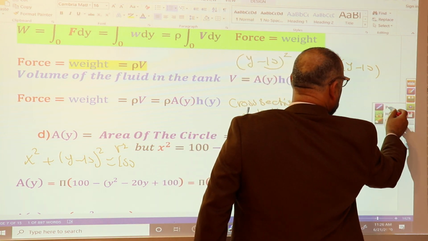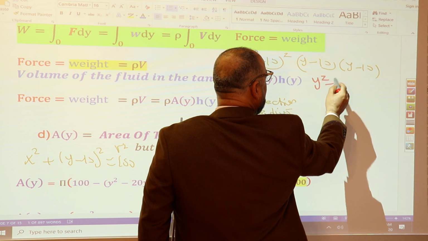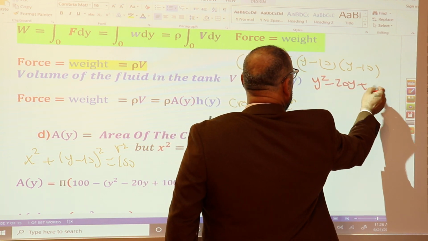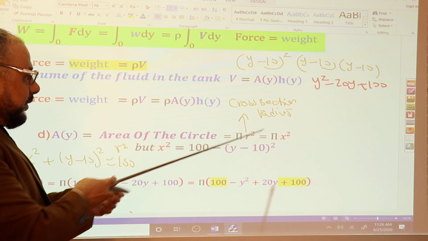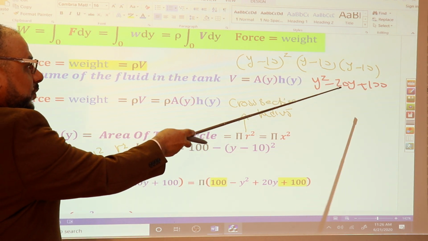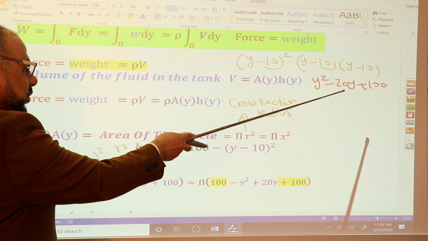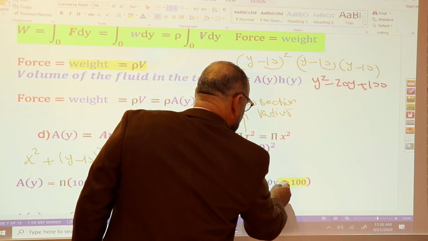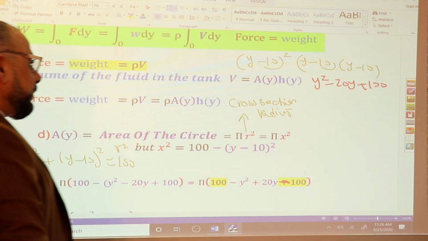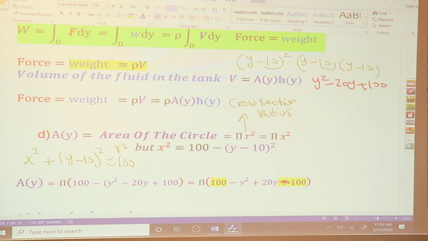And this becomes y squared minus 20y plus 100. But since we have a negative sign here, this becomes negative y squared plus 20y minus 100, right? This is going to be minus 100. I will change it now in the graph.